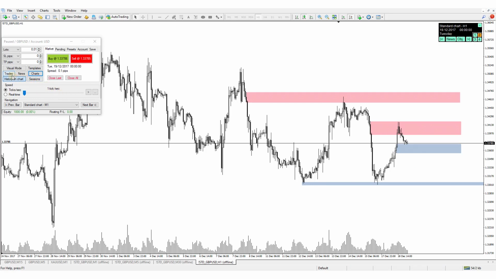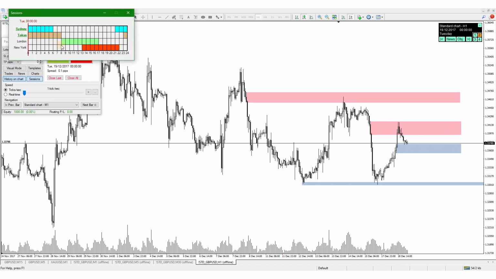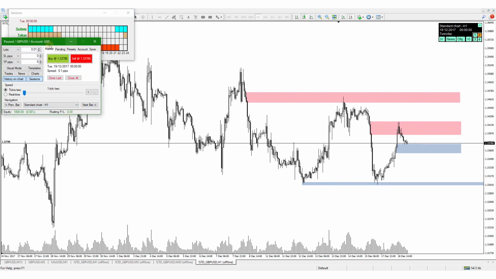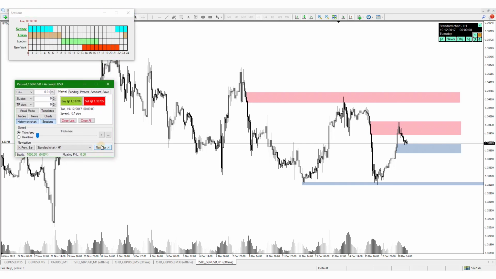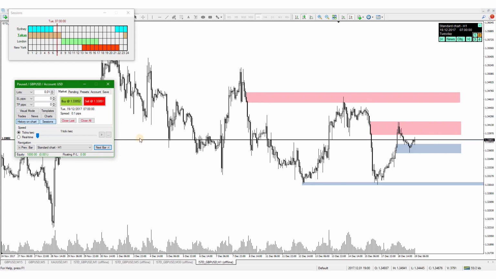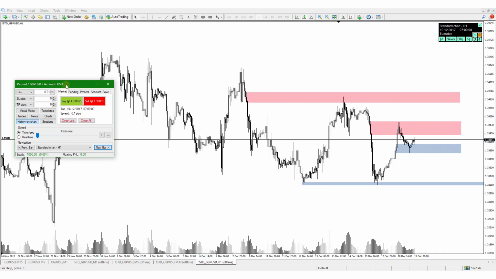I just want to move the chart to Frankfurt to see what the price action will tell us. So let's go to, we are on Frankfurt, and we don't need this window anymore.